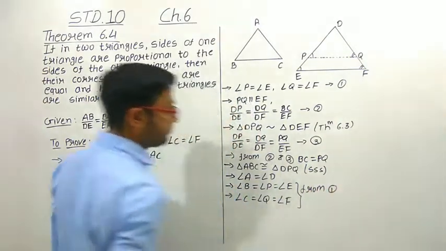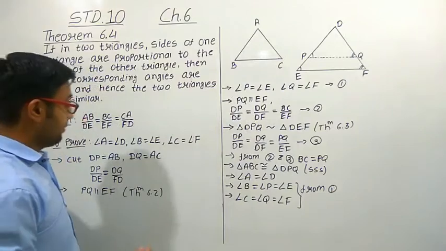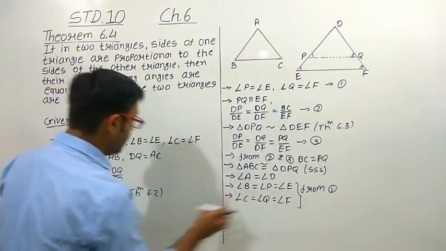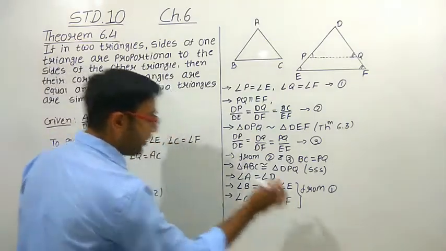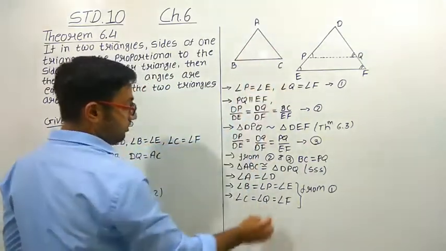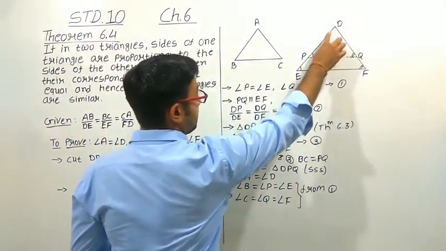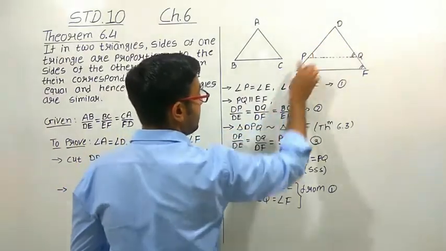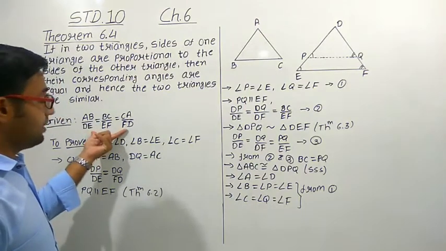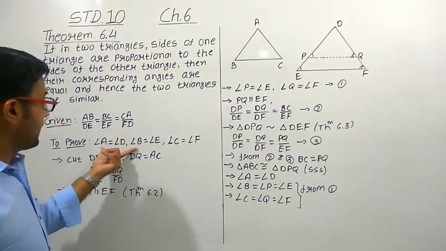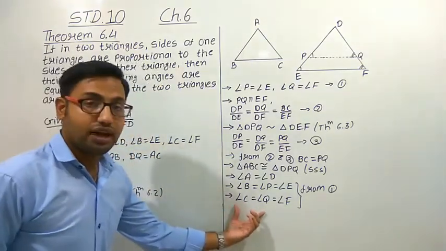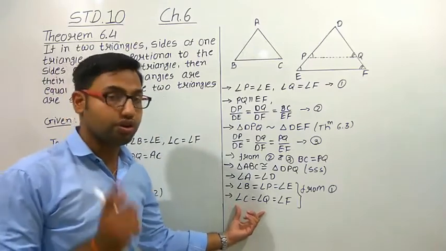So now see, whatever we have to prove is that angle A is equal to angle D, angle B is equal to angle E, and angle C is equal to angle F. That means all three angles of triangle ABC will become equal to the angles of triangle DEF. So with both these conditions, the sides given in proportion, and we proved that the angles are also equal, both criteria are satisfied for similarity.